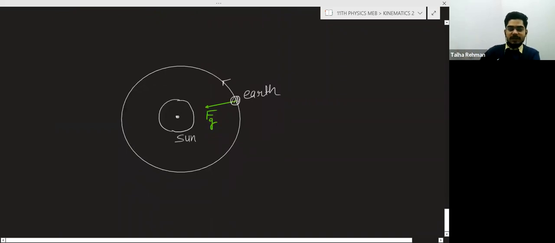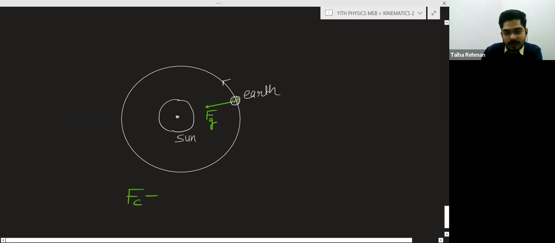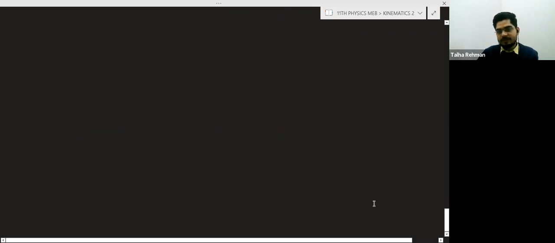So for the centripetal force here, it will be the gravitational force, and details we will discuss later.